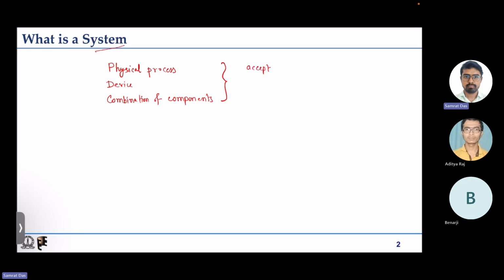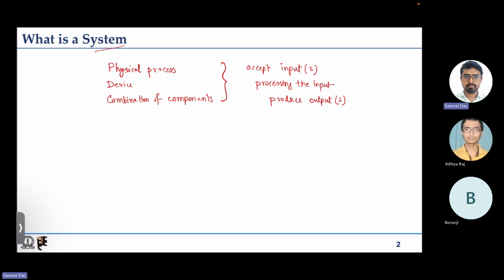It has to accept some input or inputs, process the input, and produce an output or outputs. There may be one input or multiple inputs, and one output or multiple outputs.